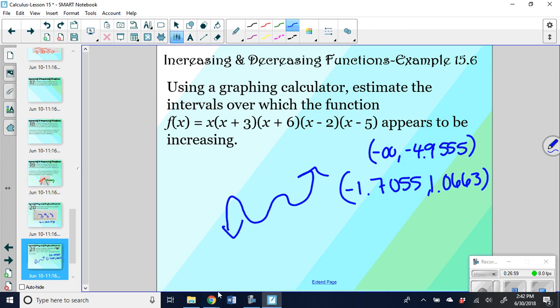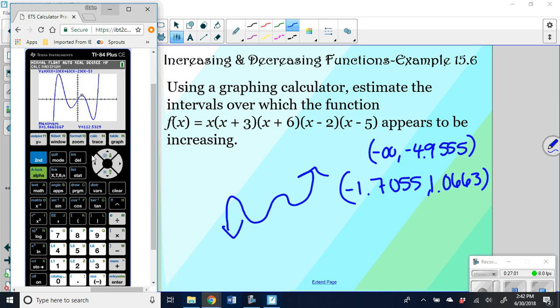And then we've got one more interval where it appears to be increasing from this low point. So what are we going to do on calculate for that one? You're going to do 3, which is your minimum. So go to the left of your minimum and then go to the right of it. And it gives you 3.9947.